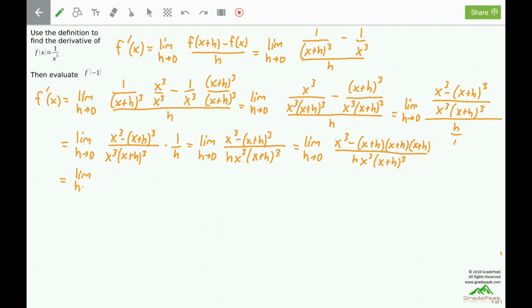So we have the limit as h goes to 0 of x cubed minus, pairing off two of them, I will pair off maybe the second two, so I'm going to write x plus h and then times the second two FOILed out. X times x is x squared. And then I will have an x times an h and an h times an x. Those will add together to 2hx. And then I will have an h times an h, which is an h squared.